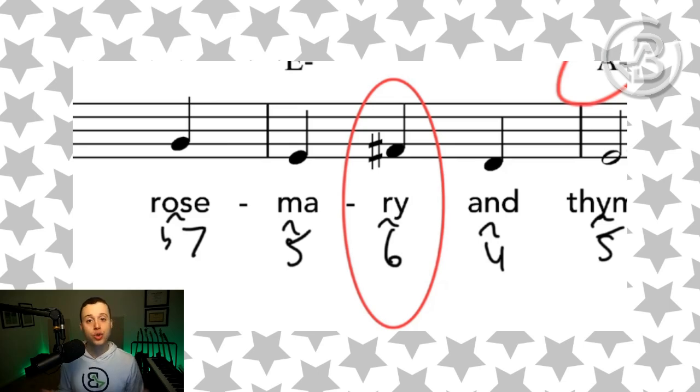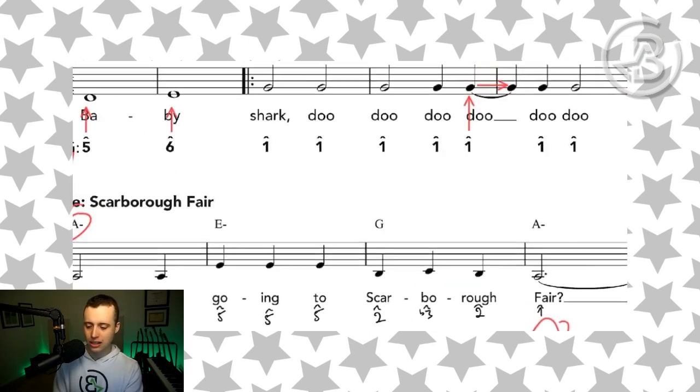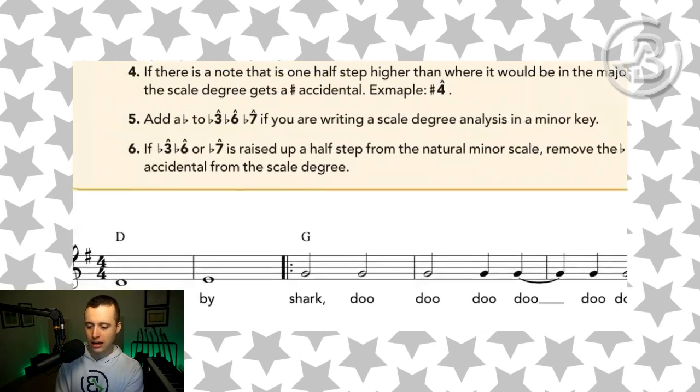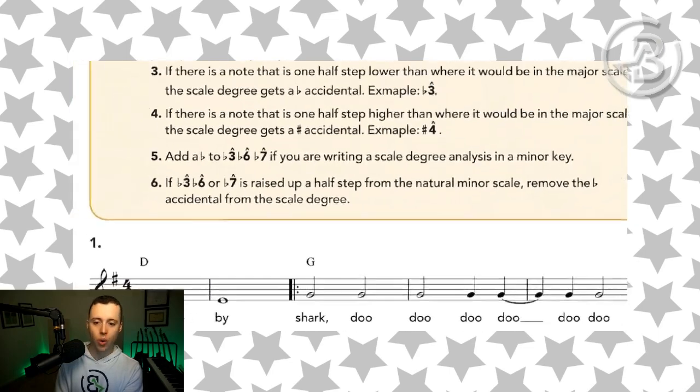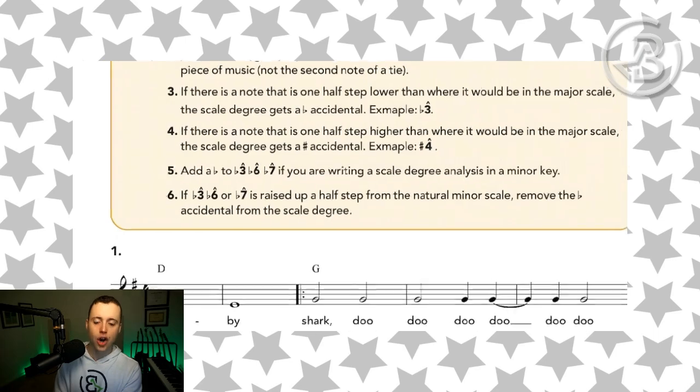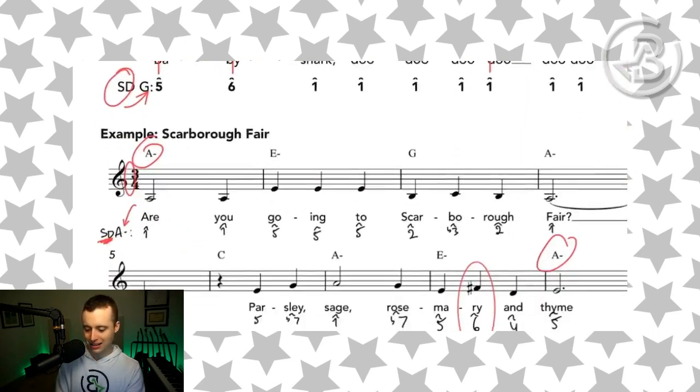From time to time, you will see notes in the melody that do not belong to the key. Whenever you see those, if you're in a major key, follow rules 3 and 4, and if you are in a minor key, follow rules 5 and 6.